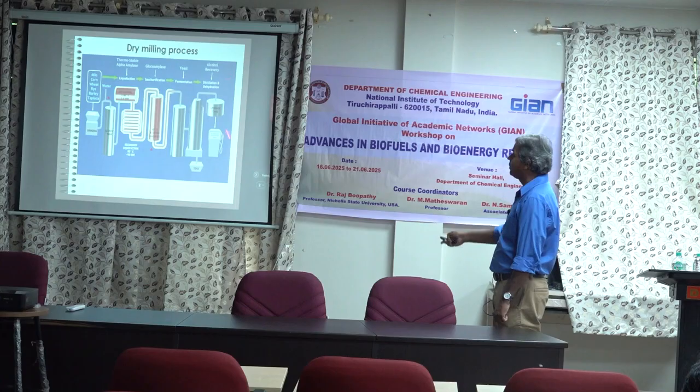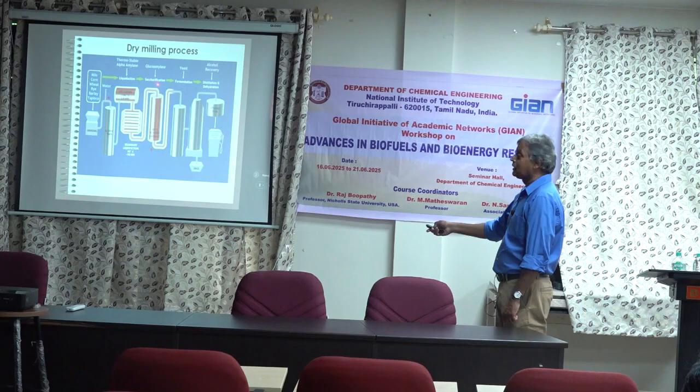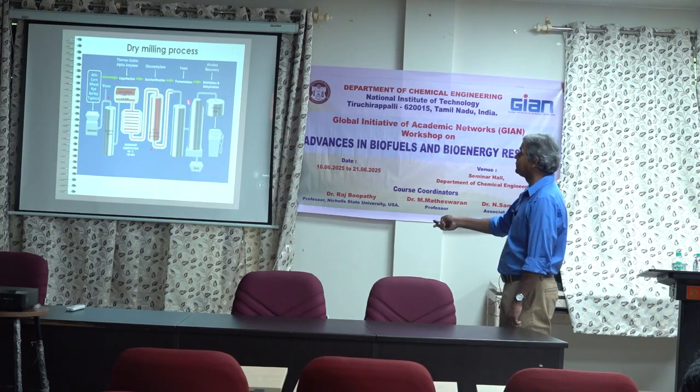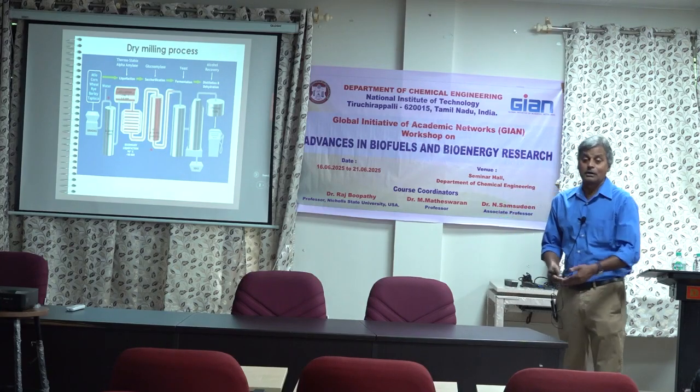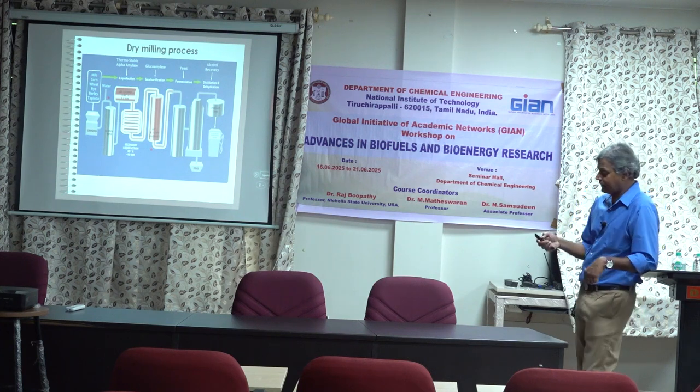So that's your whole operation unit, and every step of the way you add enzyme to get the starch hydrolyzed to make your sugar, and you add yeast to make your fermentation, and it goes through the fermentation tank, and then a separation process, and you get your alcohol out of the process. Okay, that's how it looks in the factory.